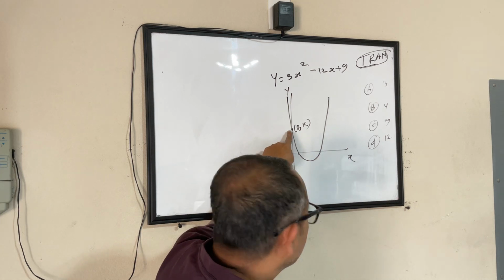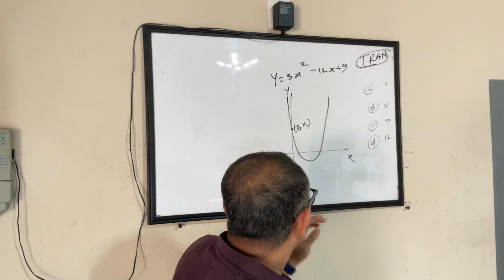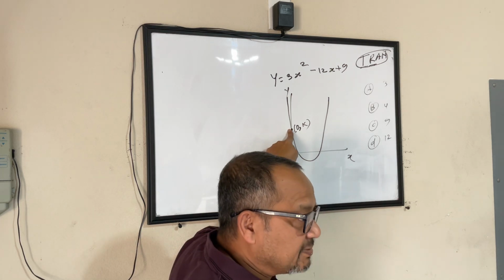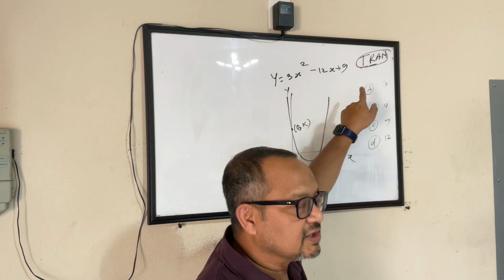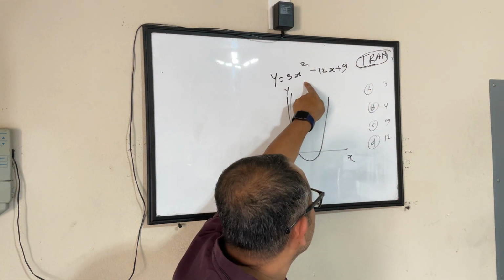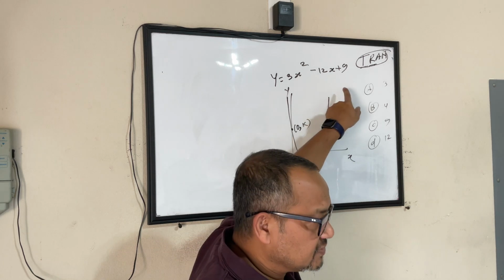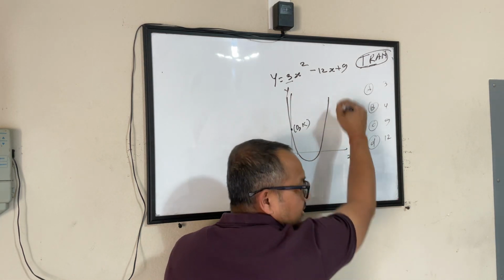Based on whatever we have learned with respect to the equation of a parabola, this is called the y-intercept of the parabola, meaning where the parabola touches the y-axis. Since this is a quadratic equation, it is a parabola facing upward, and we know that if a is positive, it faces upward.